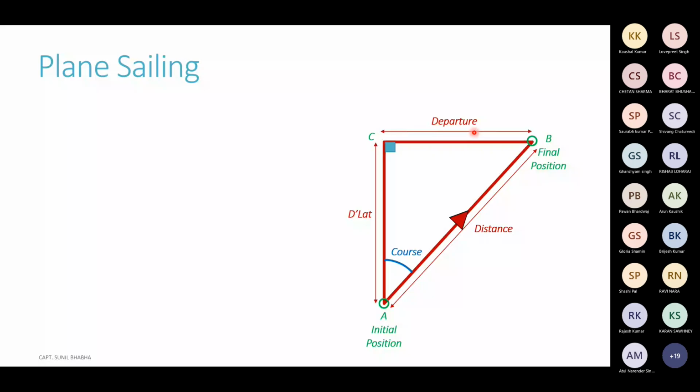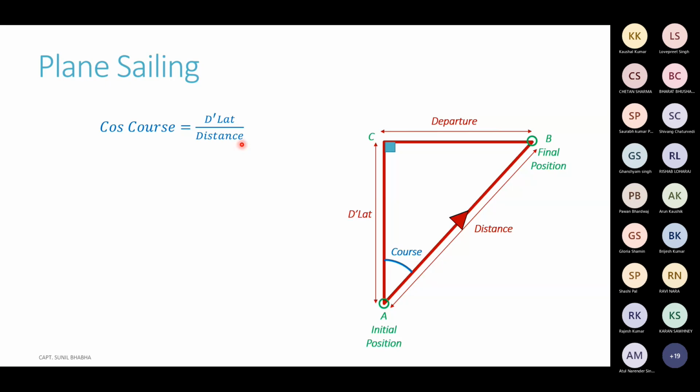Now let us apply the three trigonometric ratios to this triangle. Let's first apply the ratio of cos theta. In this case, it will be cos course. Now we know cos theta is equal to base upon hypotenuse. So cos of course becomes the difference of latitude, or the dlat, which is the base, upon distance, which is the hypotenuse.